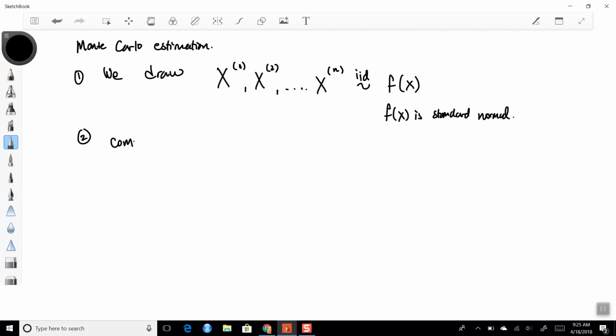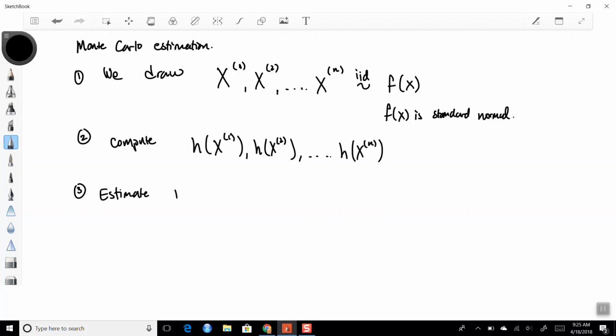Then we compute h of x, and then we estimate the expected value of h of x.